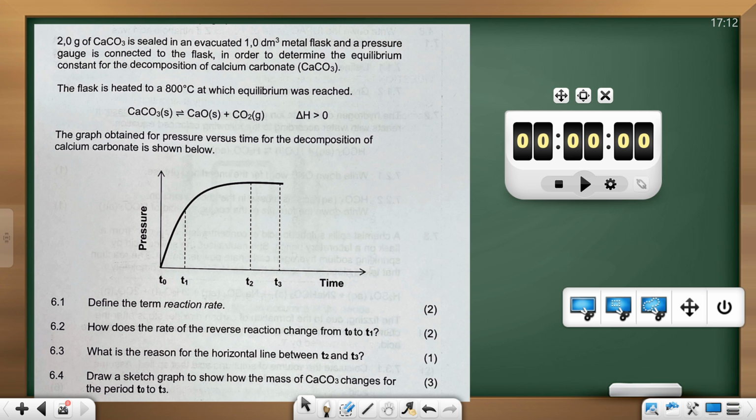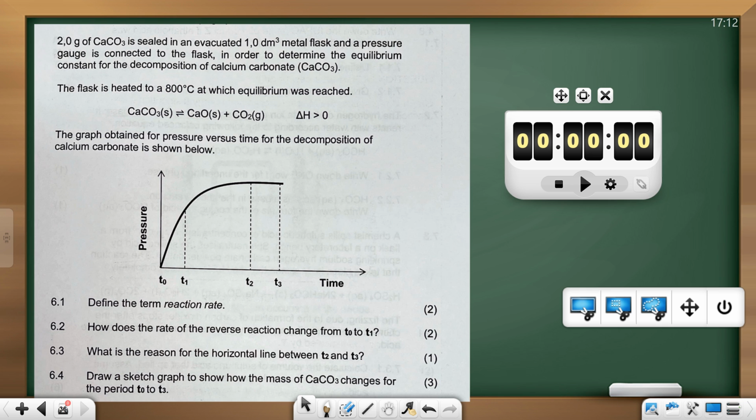Hetero means what? Different. Look at the phases of matter that we have there. What do you have? Solid and gas. Is it the same? No. So it's hetero. It's as simple as that. It's heterogeneous equilibrium. Why? Because they are not in the same what? Phase.